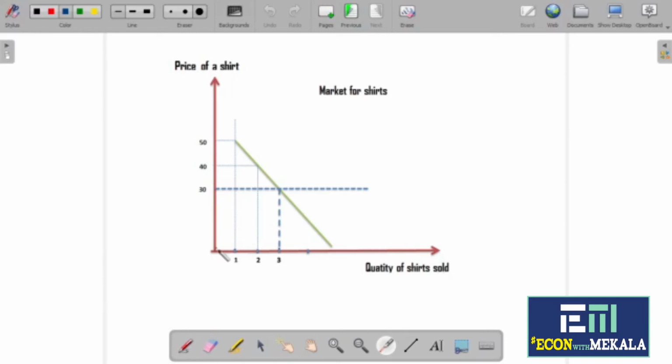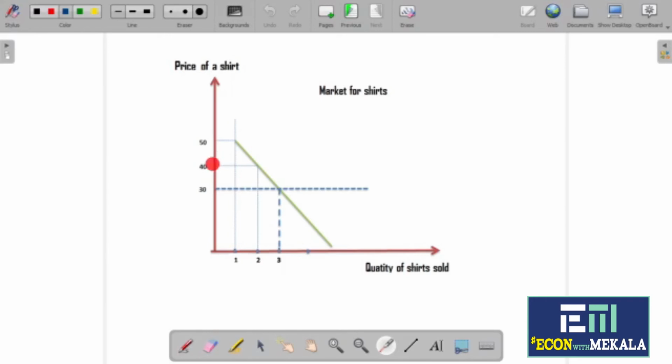You can see when the price of a shirt is 50, the first consumer is buying the product. Let's assume one consumer is buying a shirt for 50 rupees. Now the utility or the value of this product for him is 50. When he moves to the second product, he has already bought a shirt for his requirement, but he is going for a second shirt.